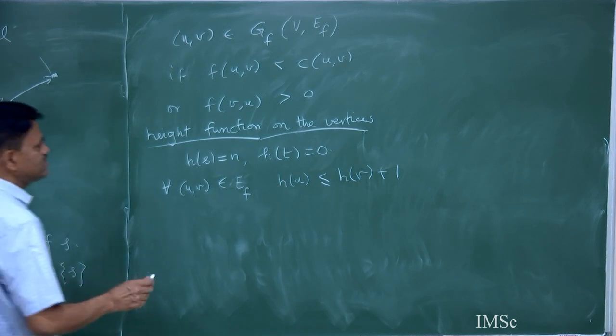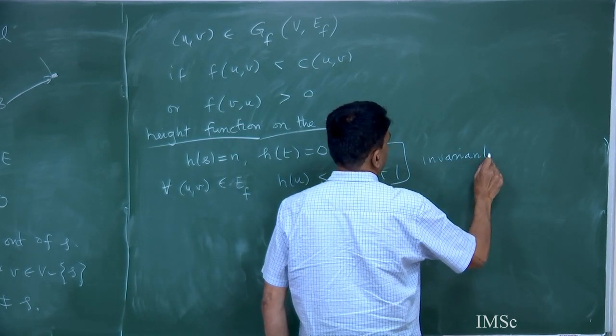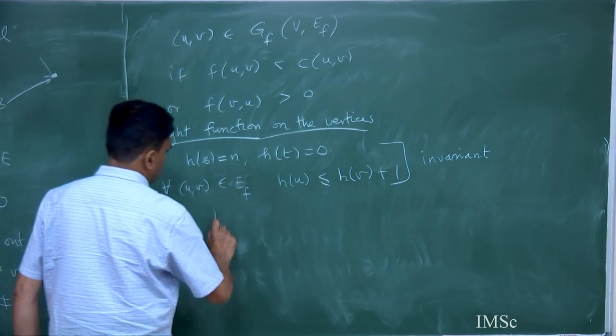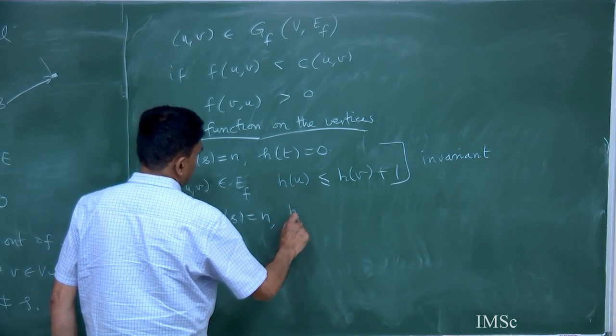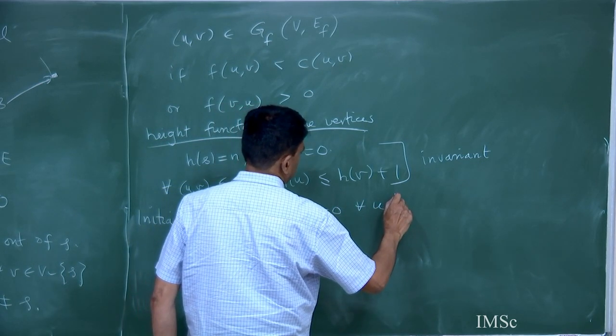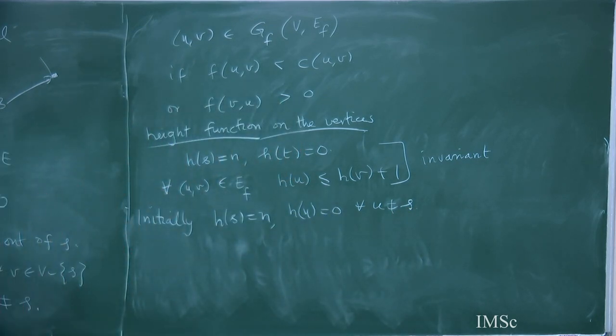So this is the invariant property of the height function, and initially h(s) is n and h(u) equals 0 for all u not in S.